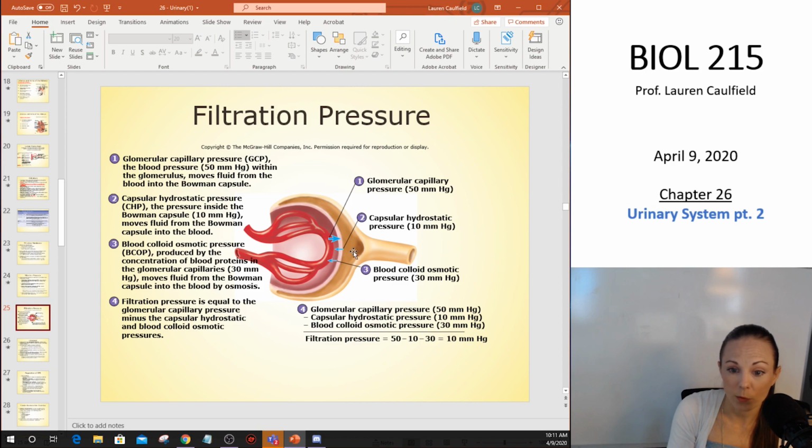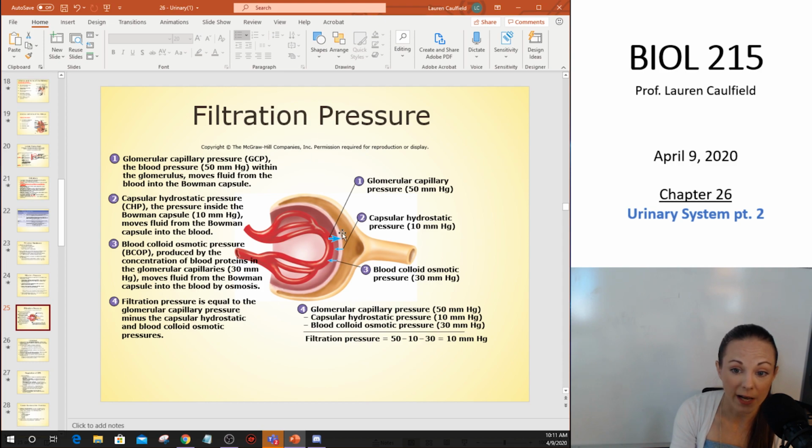Okay, again, we have that capsular hydrostatic pressure from the filtrate itself that's kind of pushing against that. And we also have our blood colloid osmotic pressure that's trying to hold onto the water and keep it in the blood. So ultimately, if we want to make filtrate, our glomerular capillary pressure has to be greater than the combination of these two pressures acting against it.